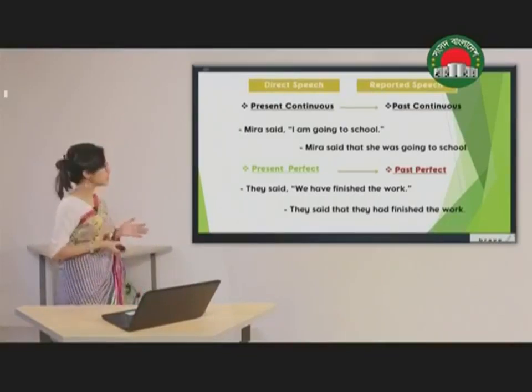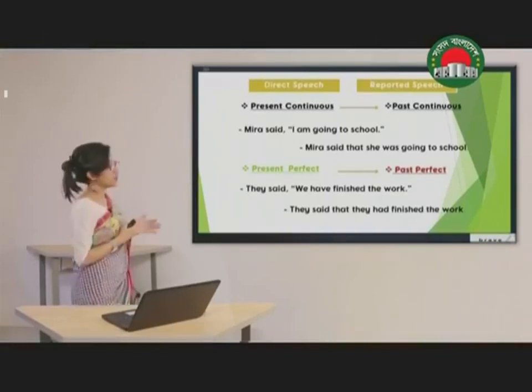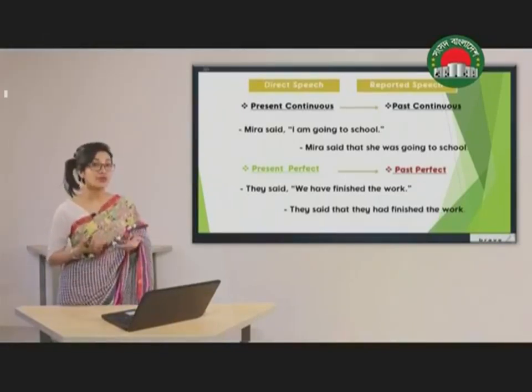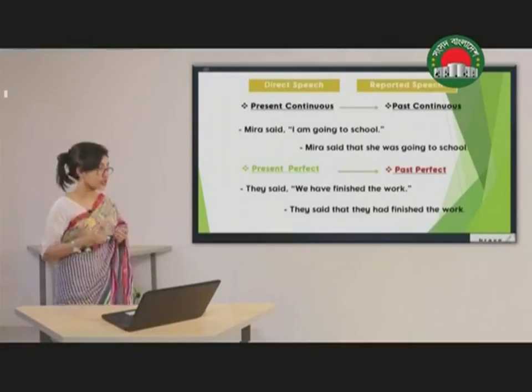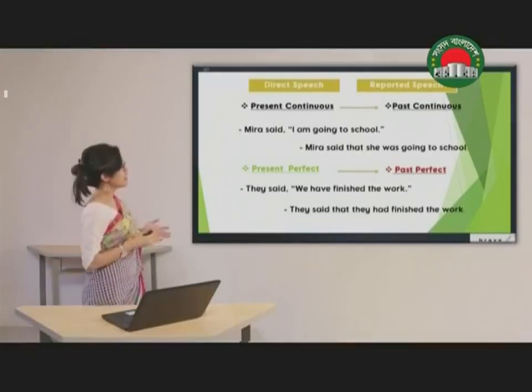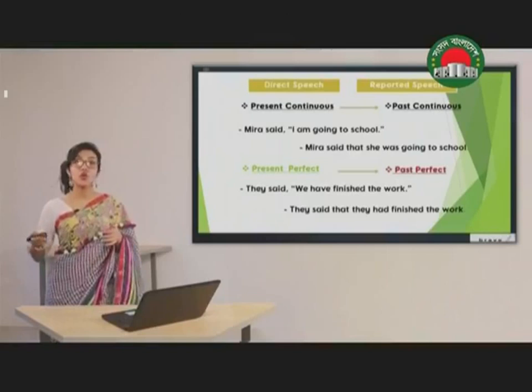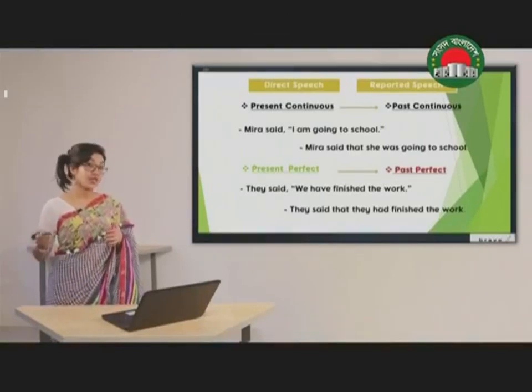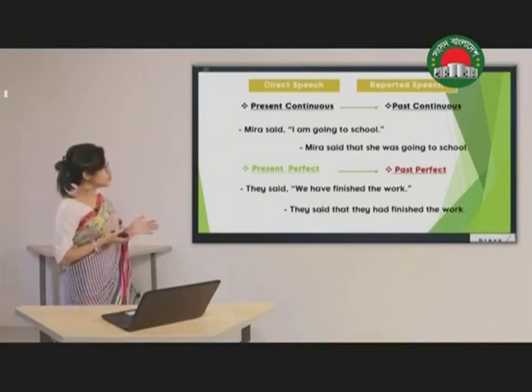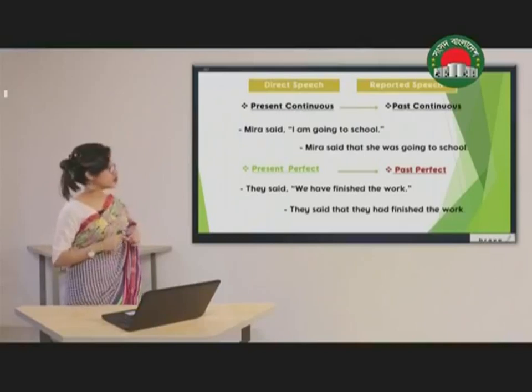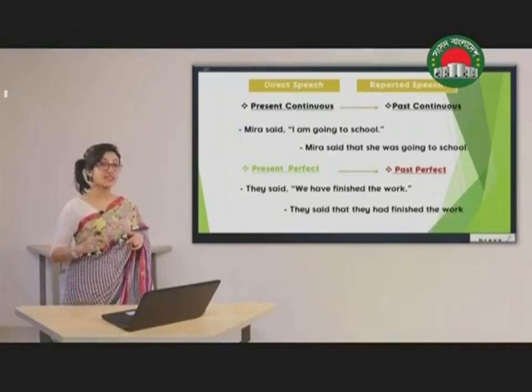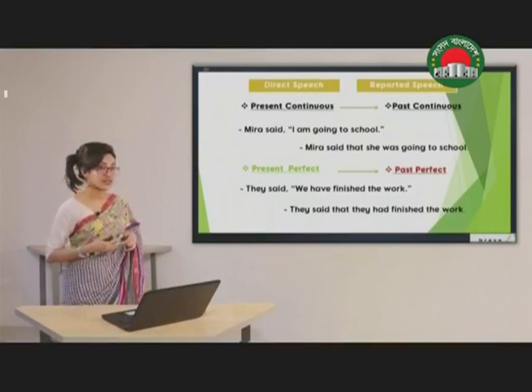So it's very clear that the tense that has been used here is present continuous. How is it going to be changed into indirect speech? It's going to be changed into Mira said that she was going to school. So easily we can see that we have used she, we have used was going. That means it's in past continuous tense.